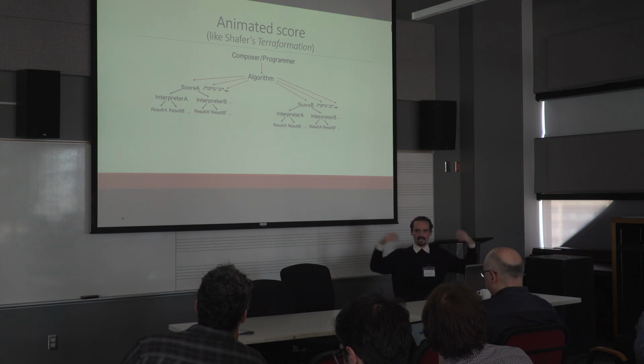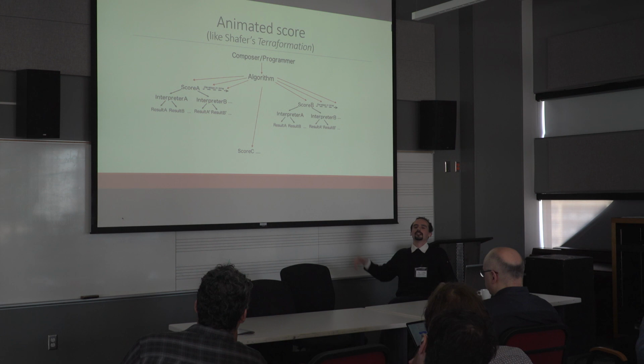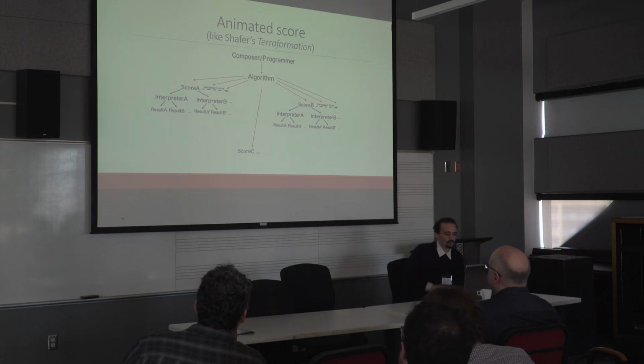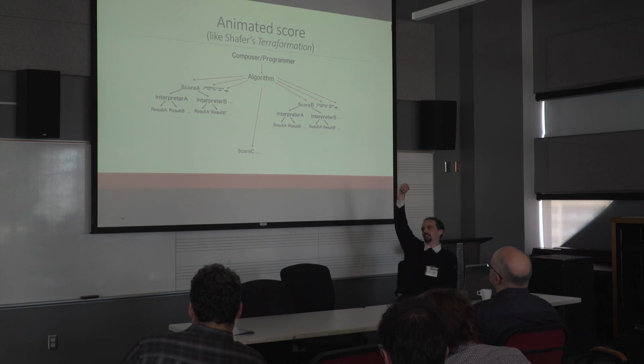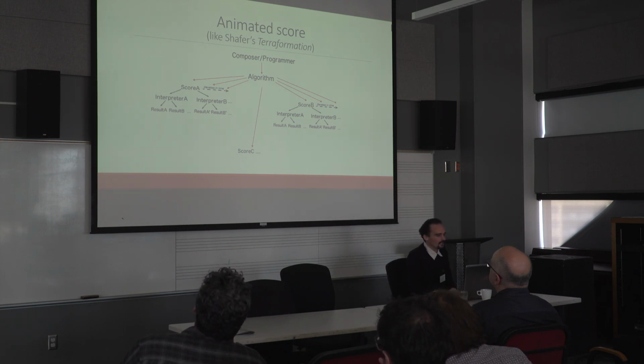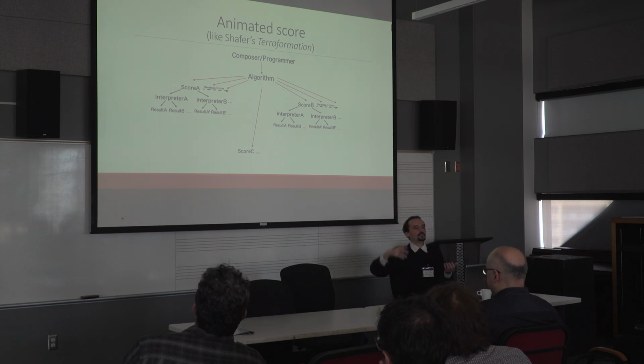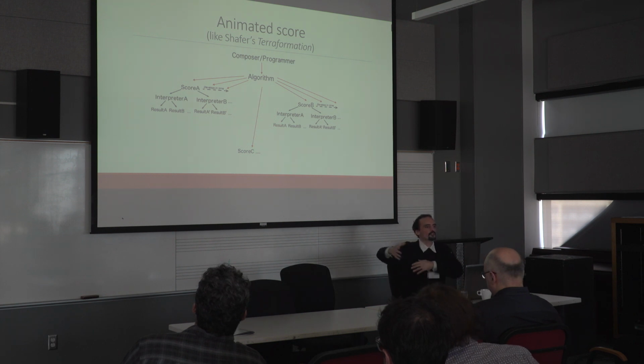The score develops in time. Then we have score C, and then we have infinite scores. So there is a kind of multiplication, but there is still this kind of top-down relation, even if in animated scores this relation could change. For example, the composer could use the algorithm in order to create the score, etc.